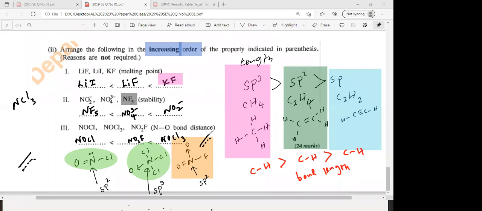Double bond distance is lower than this, and this one is less than the single bond. When there are more resonance structures, the bond length increases. That is the other factor here. So the single bond and the hybrid, the middle one, you get here. One of the best examples is ozone, O3.